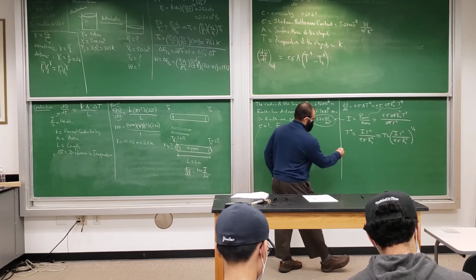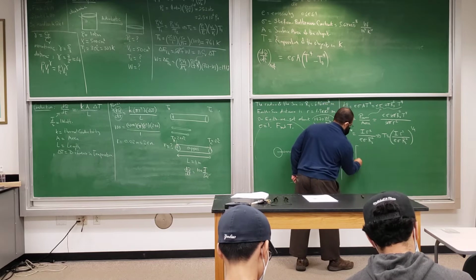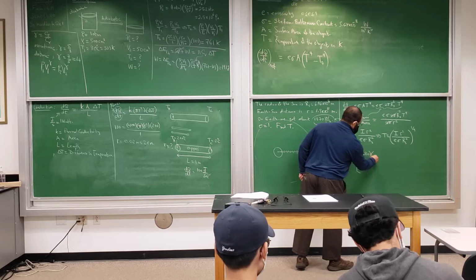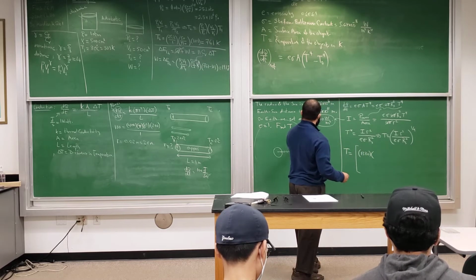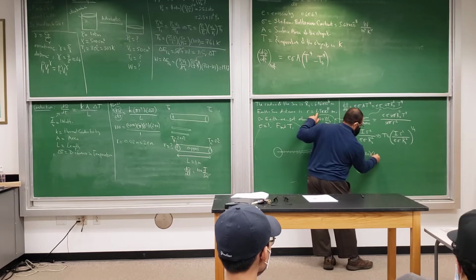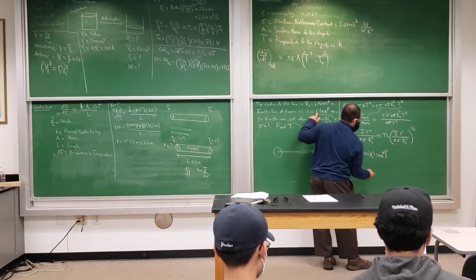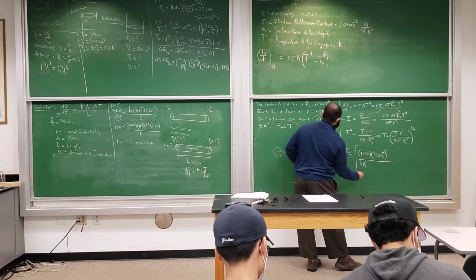The temperature would be the intensity 1370, and then R is, what was it again? 1.5, squared. And then E is 1, right? And then sigma is this number.